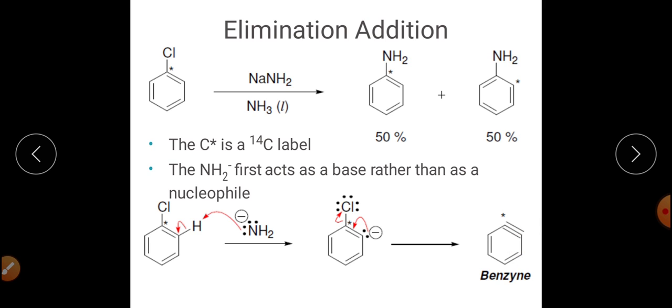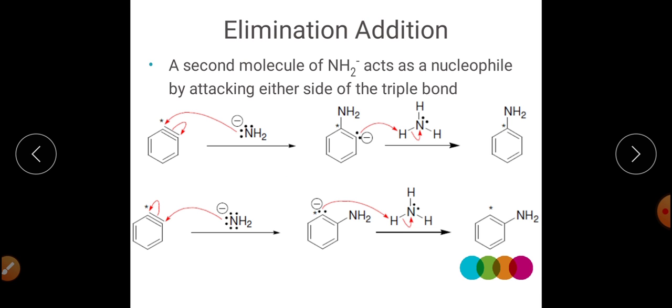So when the nucleophilic attack occurs, the nucleophile can attack at this position as well as at this position. So there are 50% chances that it can attack at this position as well as at this position. So this is the first evidence regarding the benzyne mechanism, regarding the formation of the intermediate arine or benzyne in the course of the mechanism, right?